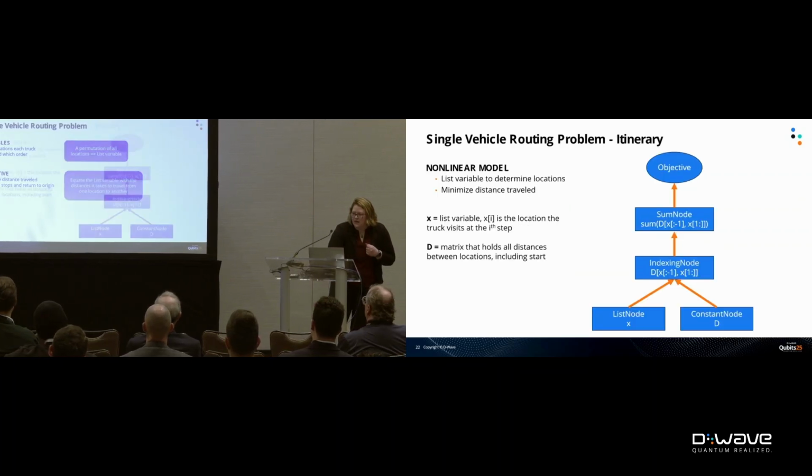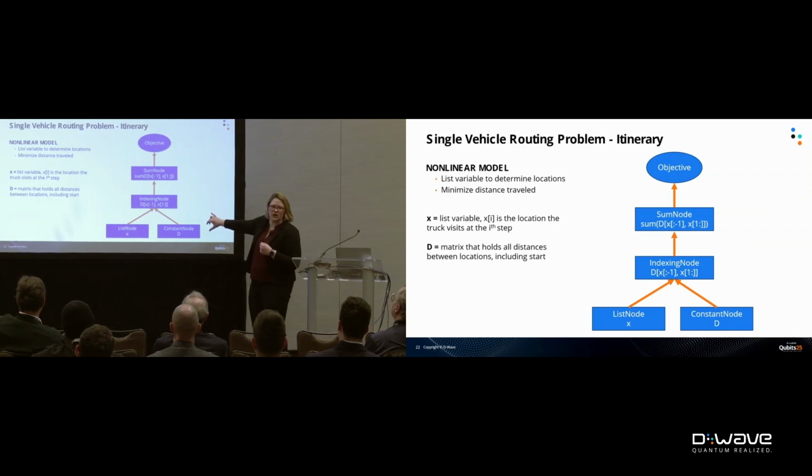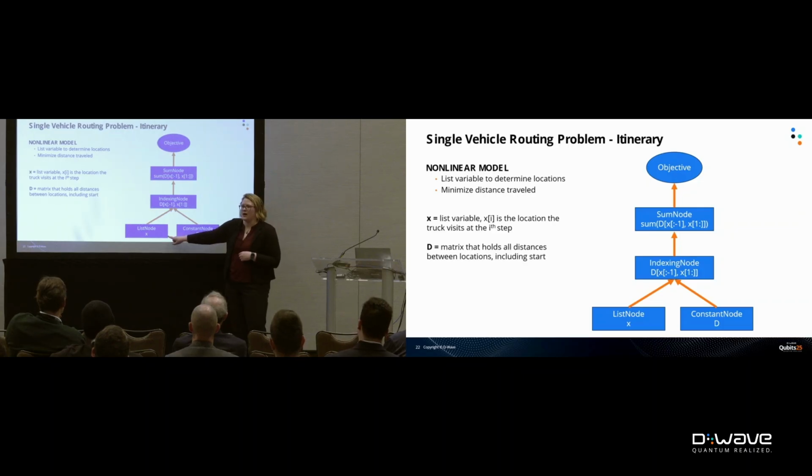Okay, so this is what that graph structure looks like for an itinerary. What the itinerary means is we have an initial starting place, and we're going to go until we reach the end of our travels. So define a couple of things. X is going to be our list variable. That's at the bottom of our graph.